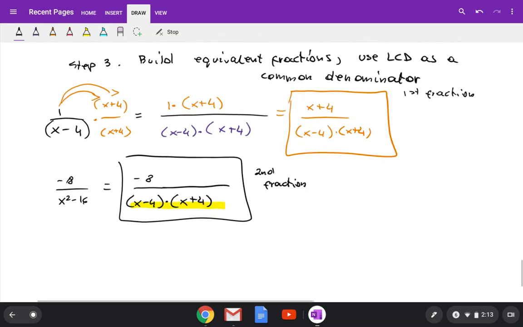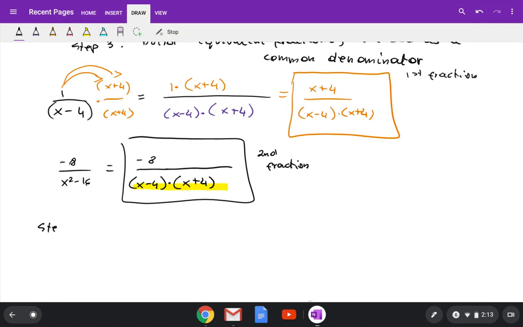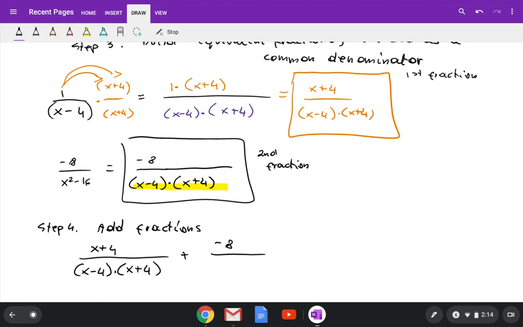So the next step, step 4, add fractions. Okay, so the first fraction is x plus 4 over x minus 4 times x plus 4 plus negative 8 over x minus 4 times x plus 4. Okay, nice.